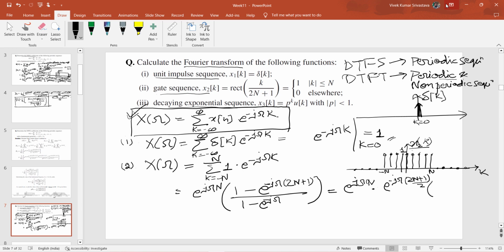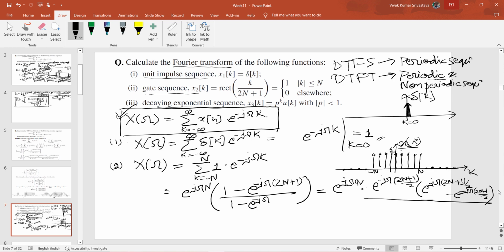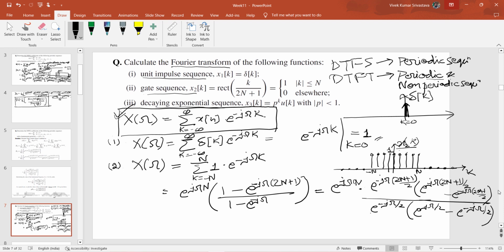So in the bracket we will get e raised to the power j rho twice n plus 1 by 2 minus e raised to the power minus j rho twice n plus 1 by 2, divided by e raised to the power minus j rho by 2 times e raised to the power j rho by 2 minus e raised to the power minus j rho by 2. Once you solve, the terms will cancel each other.